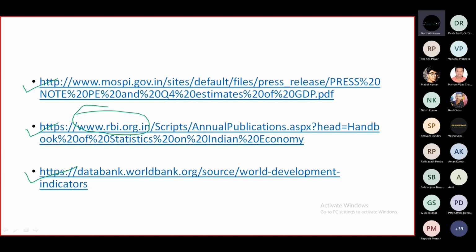There are websites where you can see other countries' progress in terms of economic as well as non-economic indicators. So I advise you to visit those websites and check, at least for India, how India's progress has been.